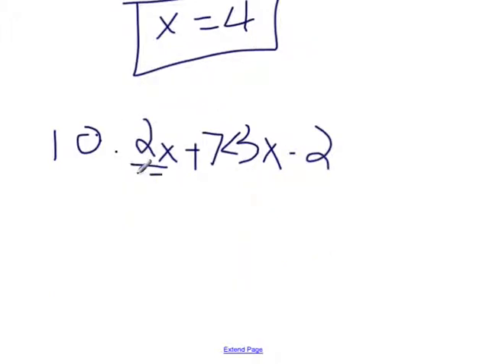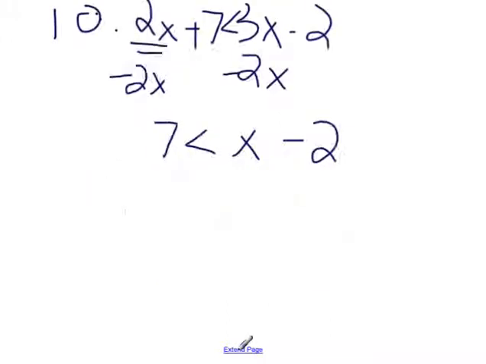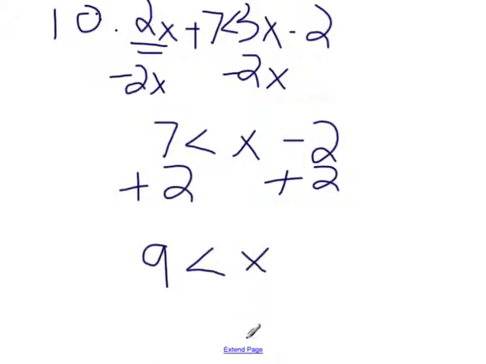So I see that 2x is my smaller amount of x's. So to get it over to the other side, I'm going to subtract 2x. So then I get 7 is less than x minus 2. So then I need to get that minus 2 over to the other side. So I'm going to add 2 to both sides, and then I get 9 is less than x. Or I could write that as x is greater than 9.